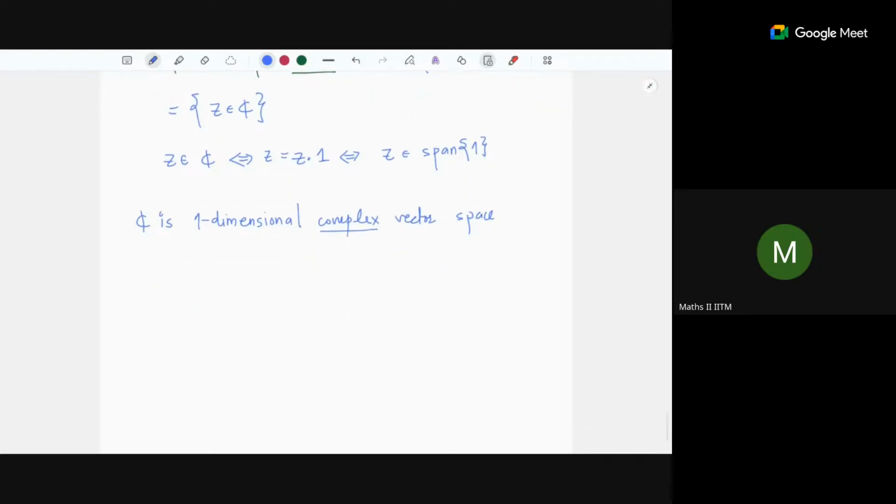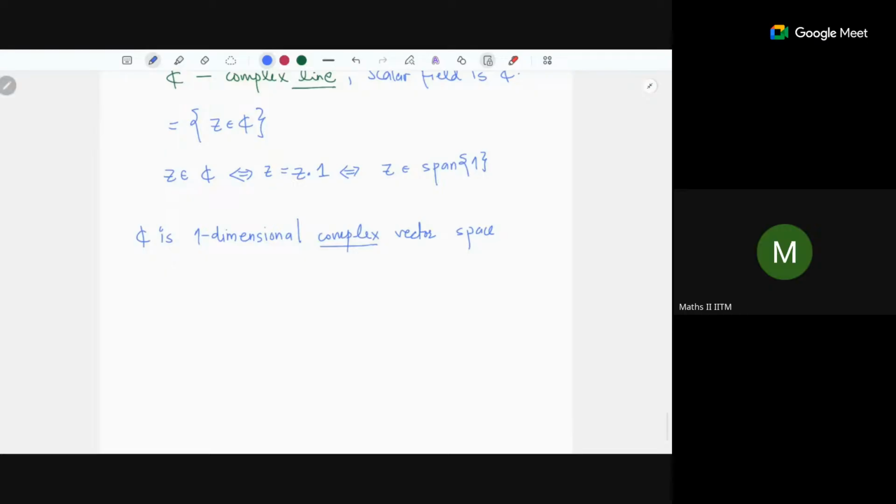So you can write any complex number like this. Any complex number lies in the span of 1. You need to get comfortable with this idea. What do we mean by the span with respect to what field? That field is your C. I would suggest all of you to go back and have a look at complex vector spaces.